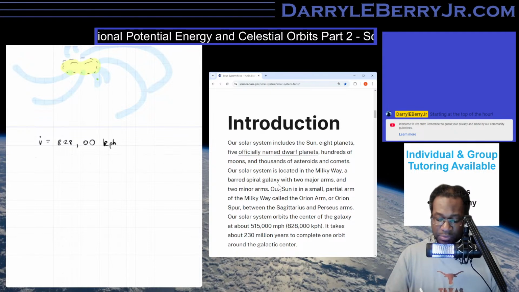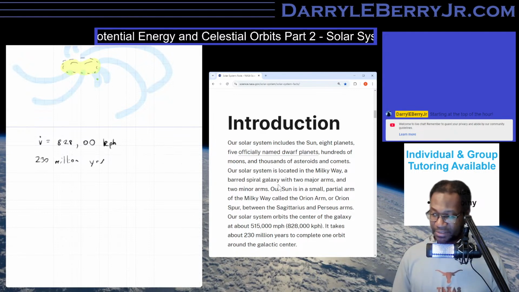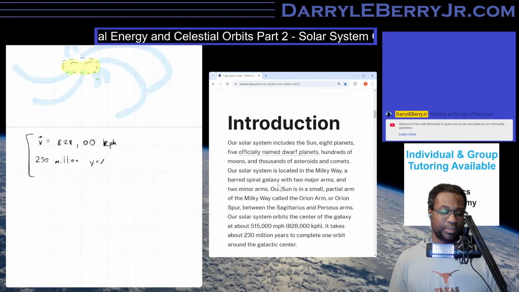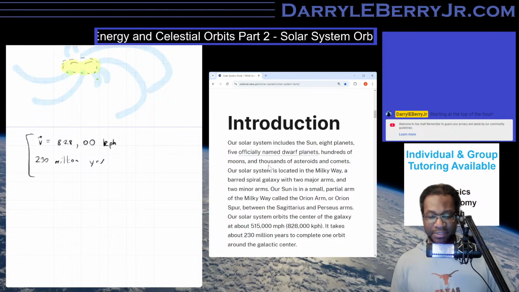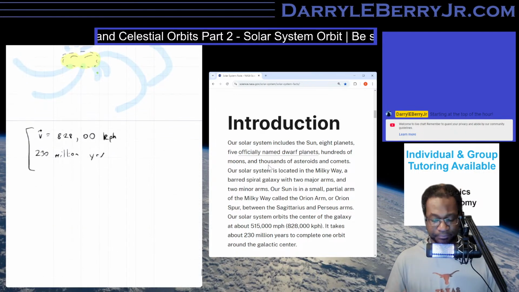And it takes about 230 million years to make one complete orbit around the galaxy. And no doubt they got this from simply observing the galaxy and the various satellites and telescopes we have, and extrapolating that rotation that we observe over time.